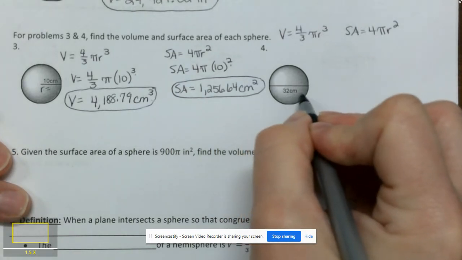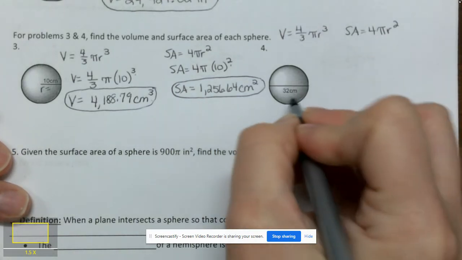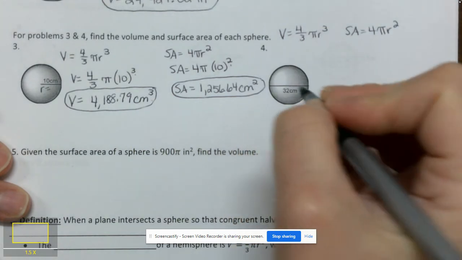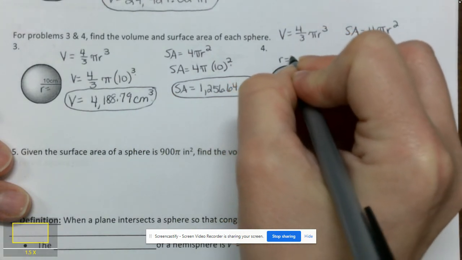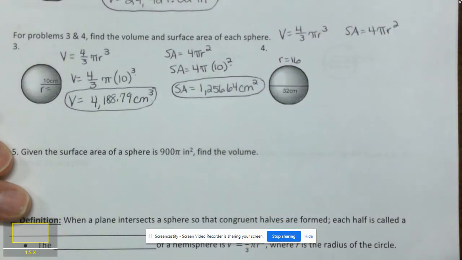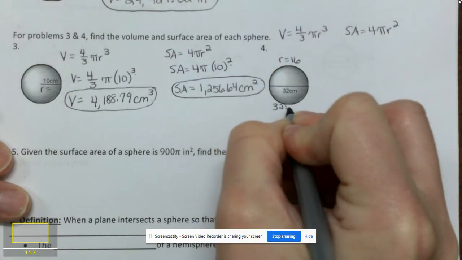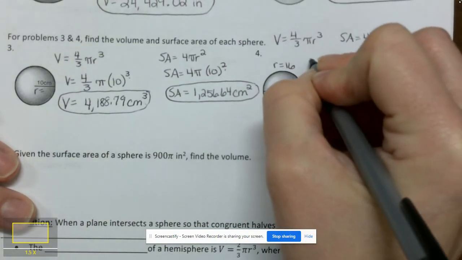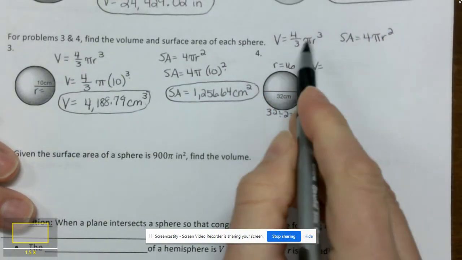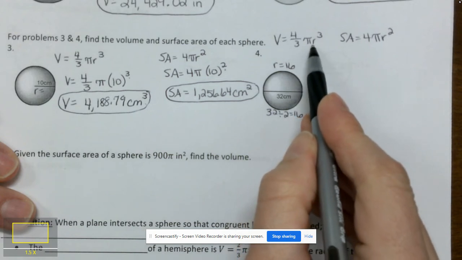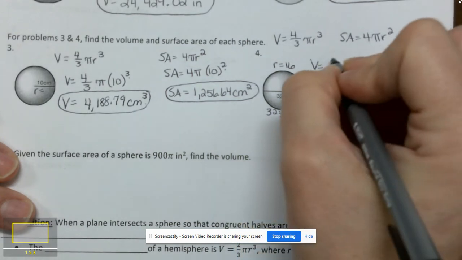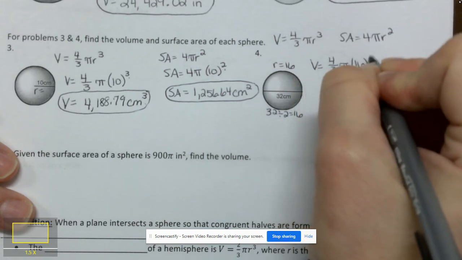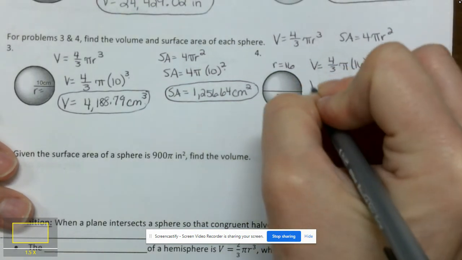This time they give us the diameter. So that means we have to divide this 32 in half. Half of 32 is 16, so our r here is equal to 16. We get that by taking 32 and dividing it by 2. For our volume, it's 4/3 pi r cubed, and since that's written right there, I'm not going to write it again. So we've got 4/3 pi, and r is 16, cubed.